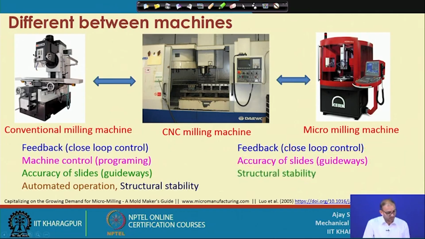Structural stability is more important here, because even a few microns of vibration here and there will destroy your whole component. So, the rigidity or the structural loop stability should be extremely high in this particular case, and which is not the case for the first two. So, this should be very, very high, and then only you can get the machining at micro scale.